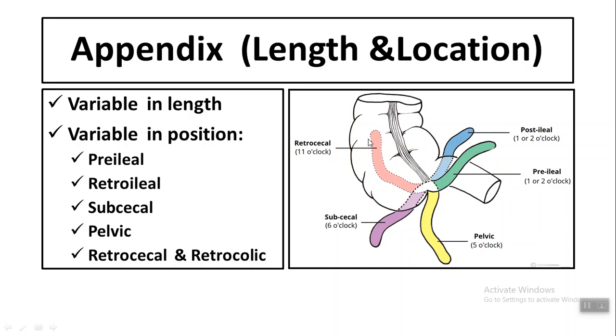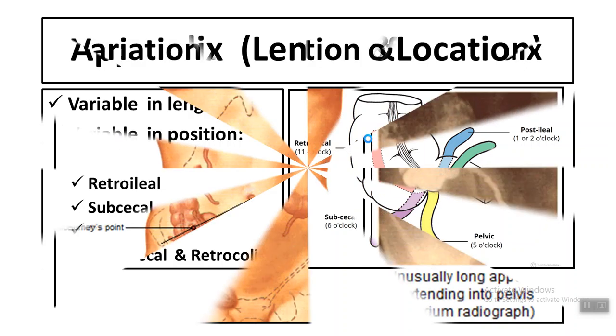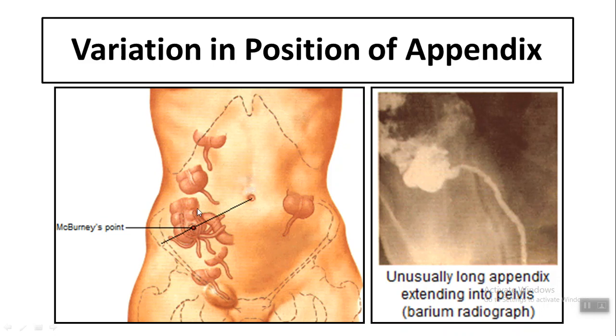Here is another variation in the position of the appendix: abnormal position of the cecum, and therefore abnormal position of the appendix, and it might be on the left side in rare cases.